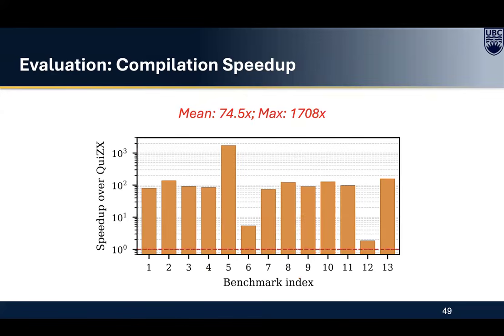The other aspect I mentioned is the compilation speedup. Here we're comparing to QuiZX. Our method is implemented in C++. For the ZX calculus, the most common framework you may have heard about is PyZX, the Python implementation.